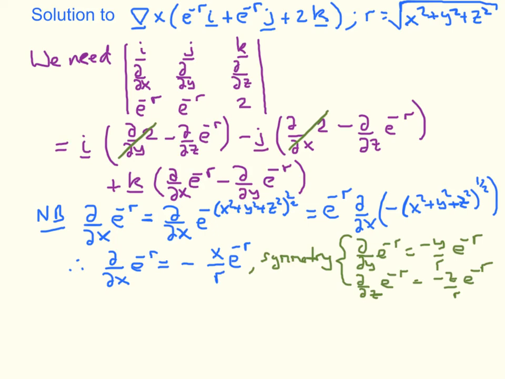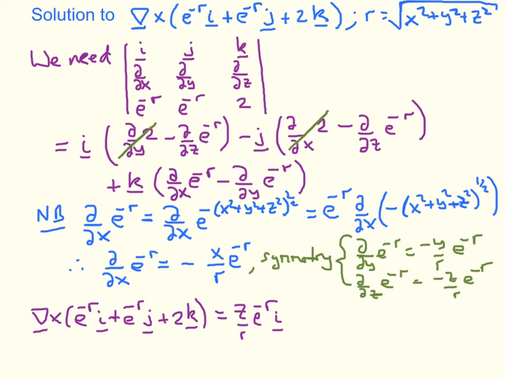So what we obtain is the following: the curl of e to the minus r i plus e to the minus r j plus 2k is equal to, so here we have minus this derivative here, minus times minus is plus, so we are going to get z over r in the i direction times e to the minus r.